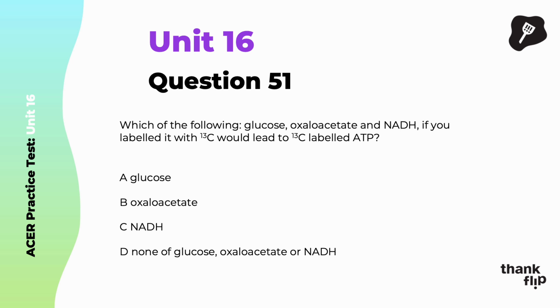Especially with organic molecules, if it has carbon 13, you're able to track where that carbon is going to figure out exactly which atom is forming which molecule from start to finish in a reaction, right? So where is each atom that's forming the molecule coming from? So we want to figure out where are the atoms that are forming ATP coming from?